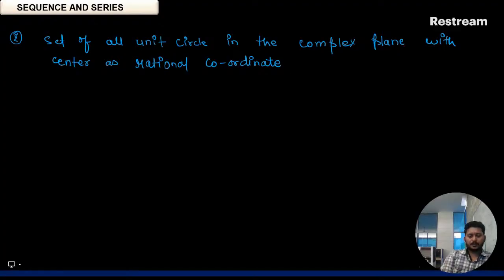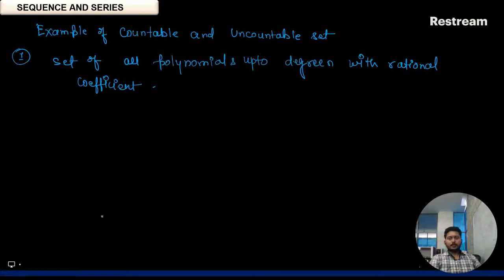There are various examples based on countable and uncountable sets. Now I need to explain the first one: the set of all polynomials up to degree n with rational coefficients.